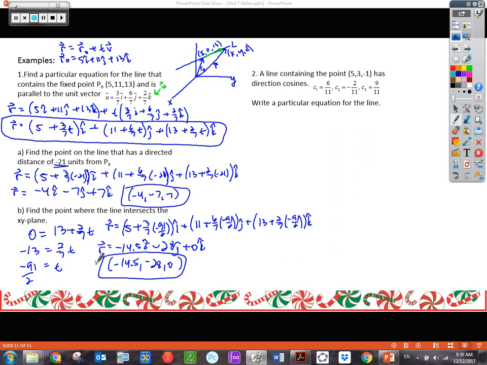So let me check. If I wanted you to find the point that our line crossed through the YZ plane, would you know what to do? We understand the concept, right? Or if I wanted you to find where it went through the XZ plane, you would know what to do, right? Set the Y equal to 0. So we're good with that concept.